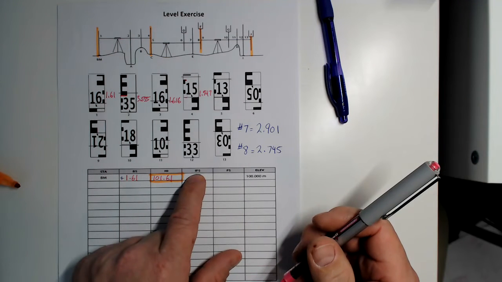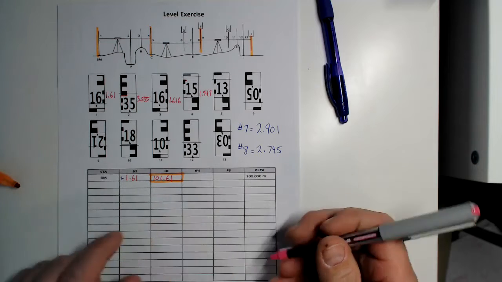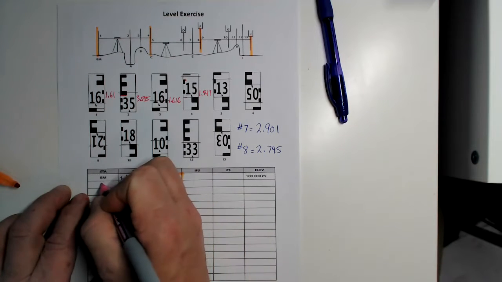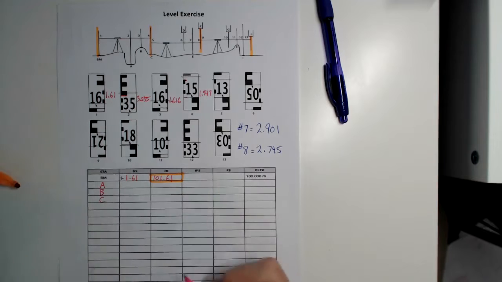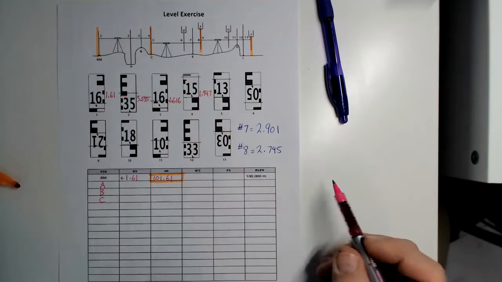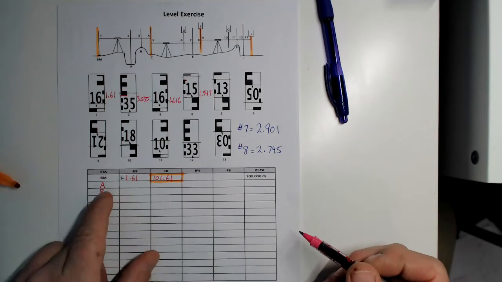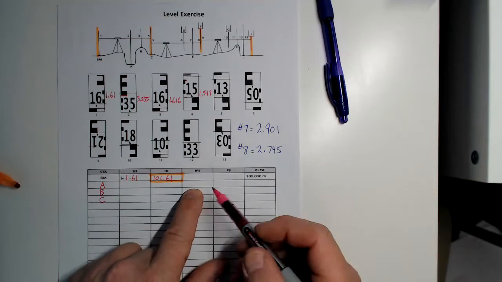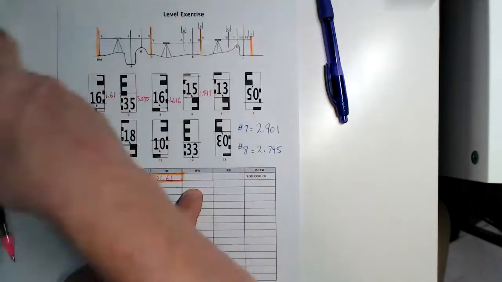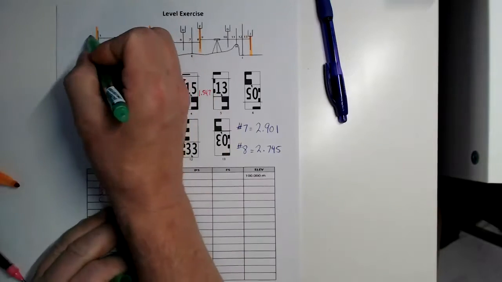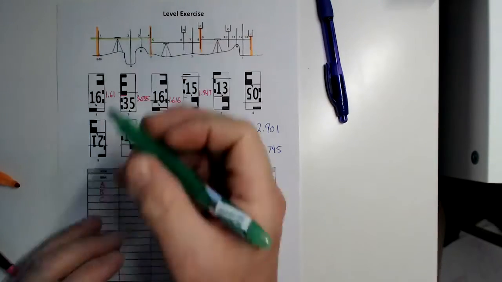Excellent. Now we know that sighting number 2 and 3 are both intermediate sights. So under the intermediate foresight column, we'll mark down station A and station B, and station C, since all of these are in this grouping of shots we're taking. Now that we've calibrated the height of our instrument, we are sitting up here at instrument height.